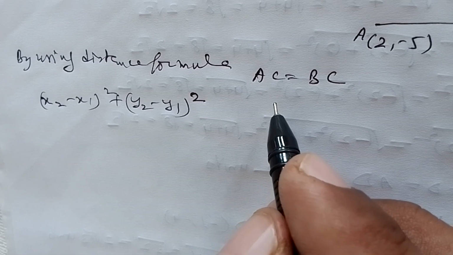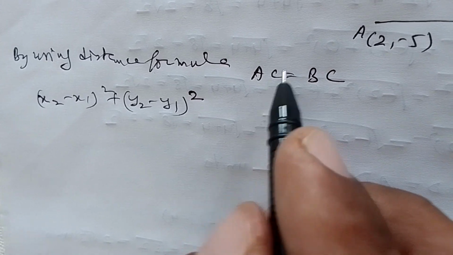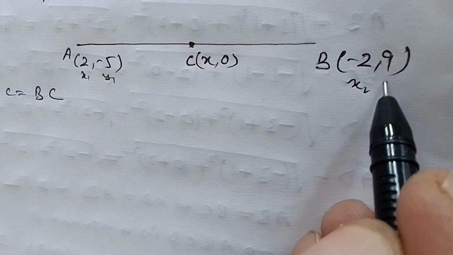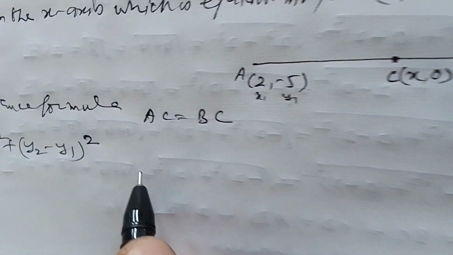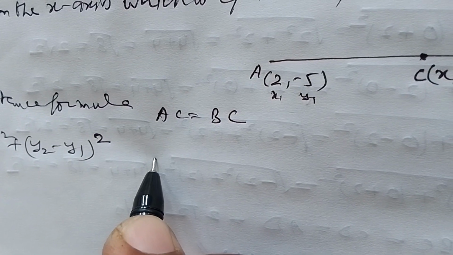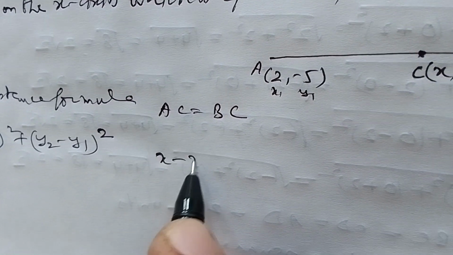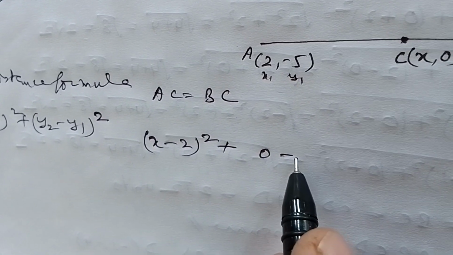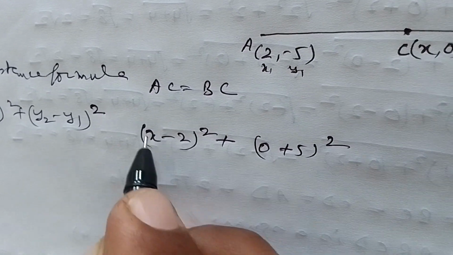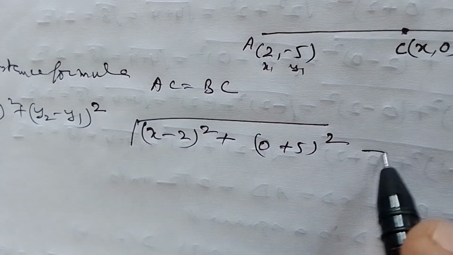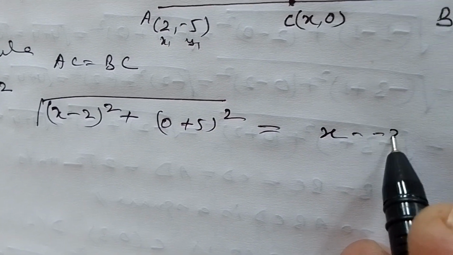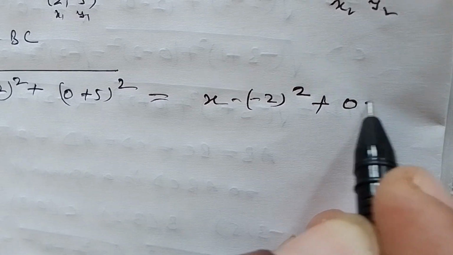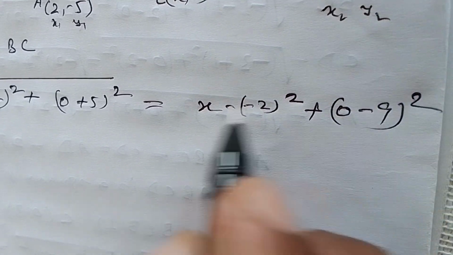So for this we will insert the values x1, y1, x2, y2. So AC comes out to be x minus 2 square plus 0 minus 5 plus 5 square under root, and the other side is x minus 2 square plus 0 minus 9 square under root.